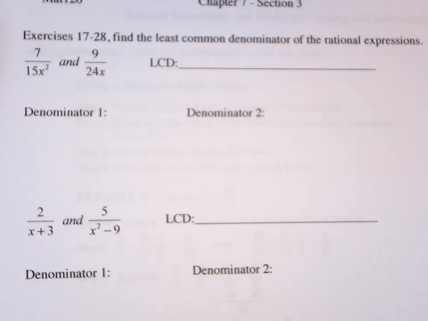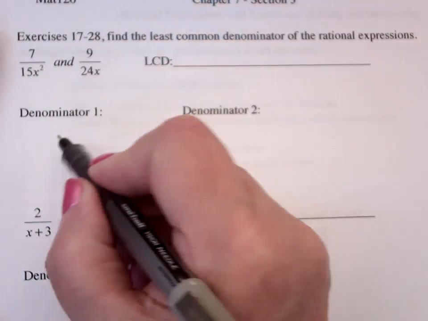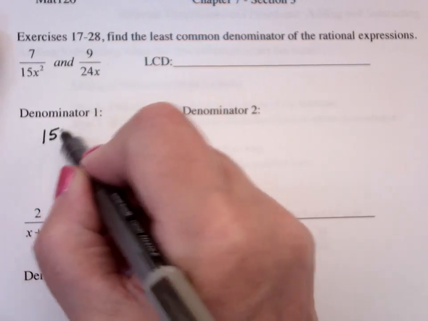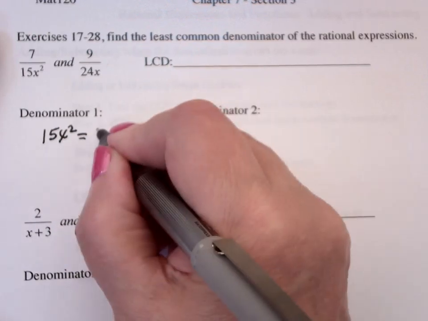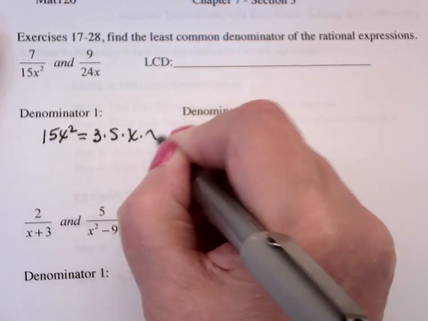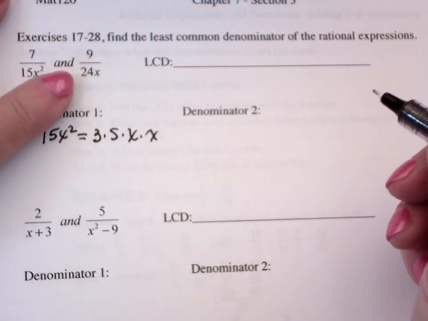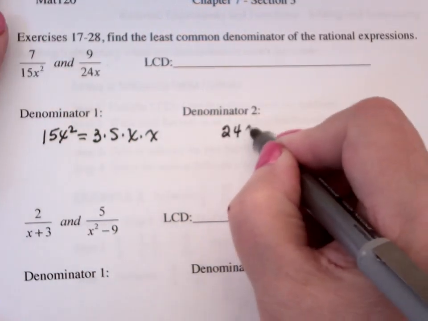Or subtracting yet. The first thing I do is I look at denominator 1. Well, denominator 1 is 15x squared. And 15x squared is 3 times 5 times x times x. And then the second denominator is 24x.